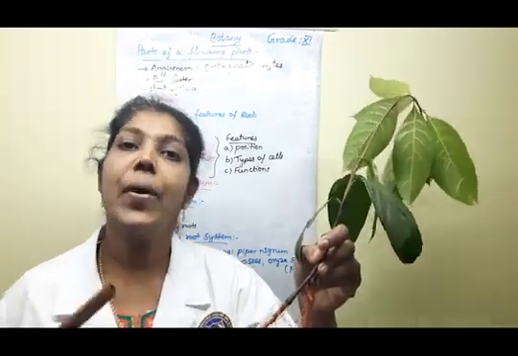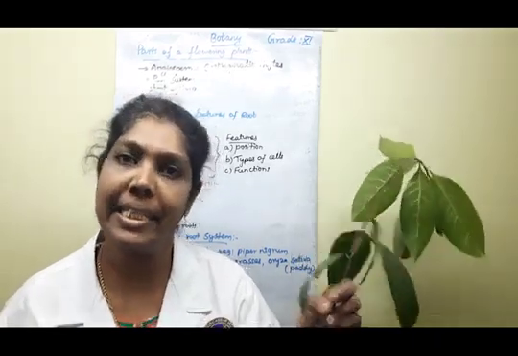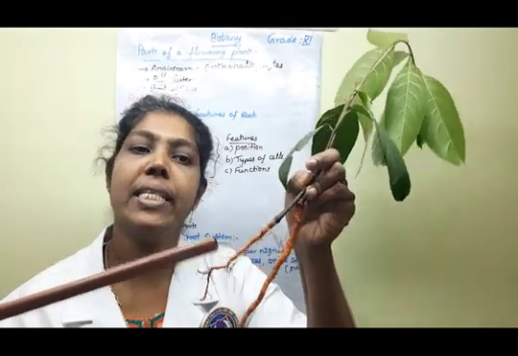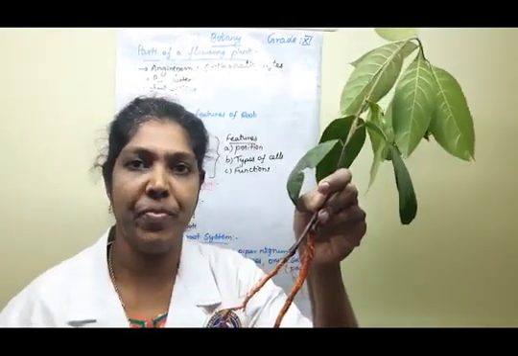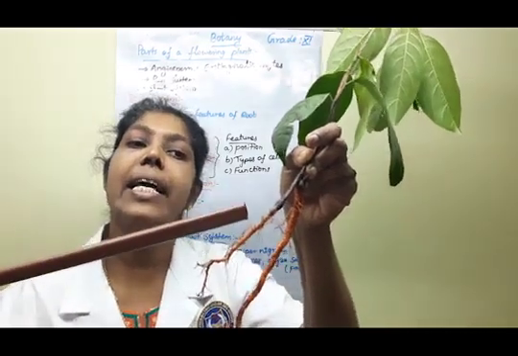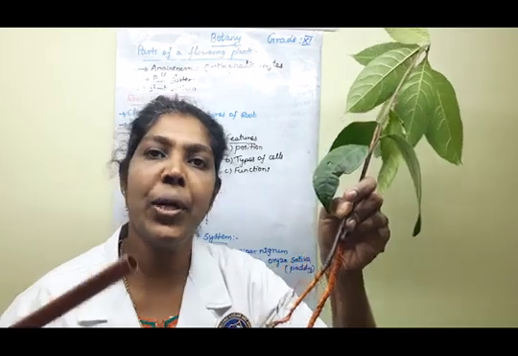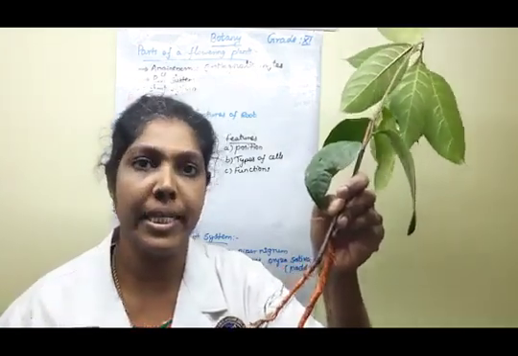Clear? What are the characteristic features of the roots? First, I already said this point. The growing nature of the root is positively geotropic and negatively phototropic, isn't it? Then the roots do not have nodal regions, internodal regions and bud regions. Clear?